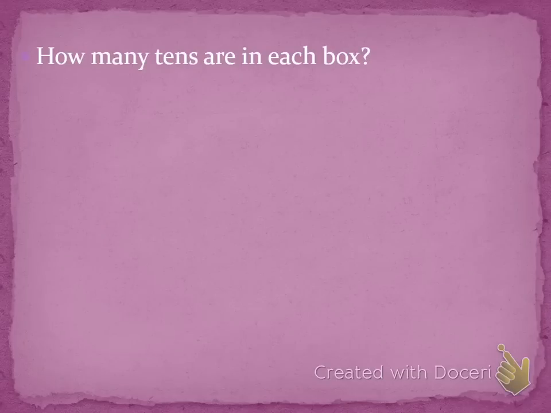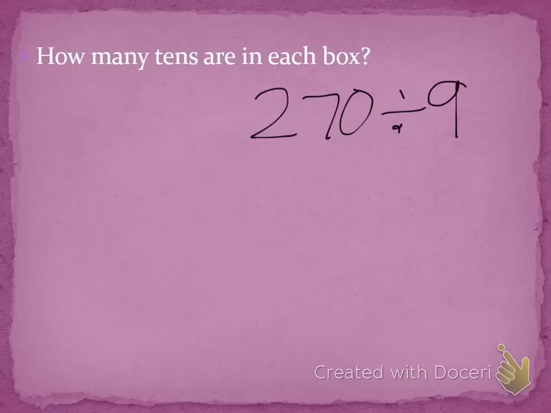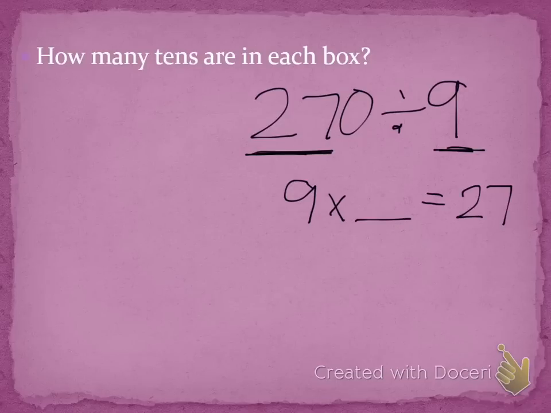If I have my original problem of 270 divided by 9, just like we did with multiplication, I want to look at my non-zero digits. So I'm looking at my 27 and my 9. That is one of your multiplication facts that you should know. Remember, all division problems I can turn into a multiplication problem. So I could say 9 times what gives me 27. So I have to think about that missing piece.